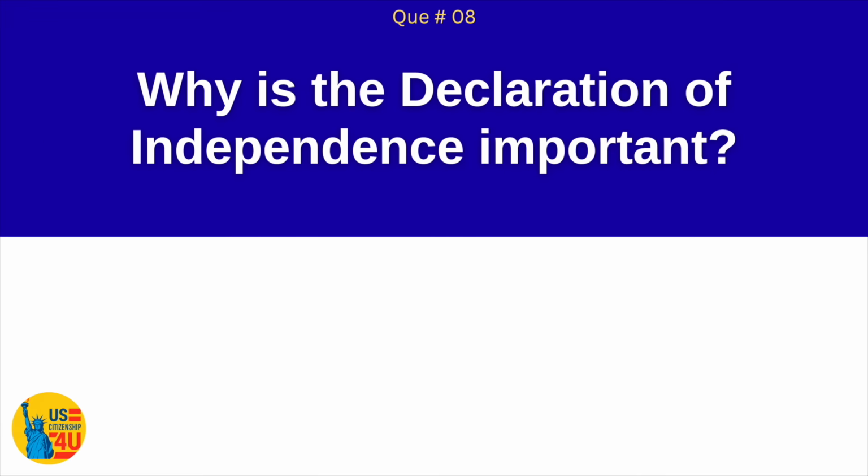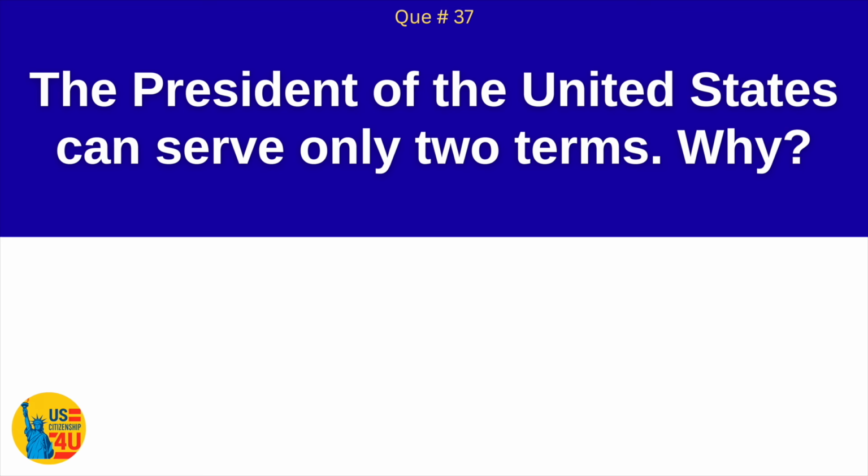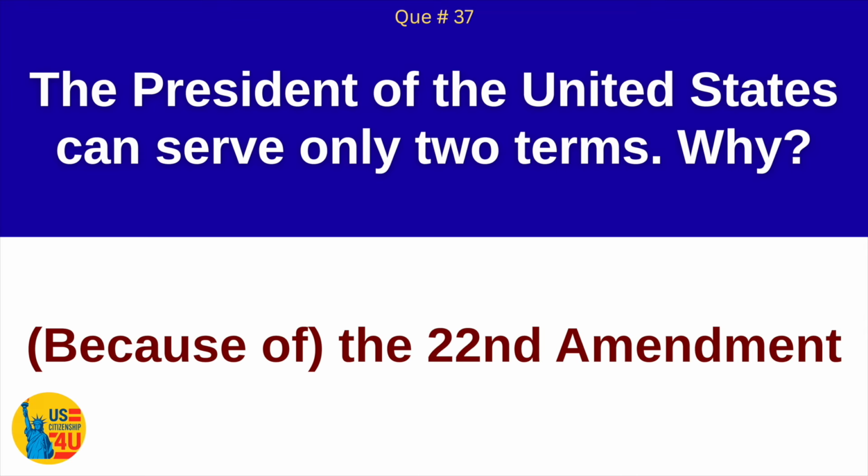Why is the Declaration of Independence important? It says America is free from British control. The President of the United States can serve only 2 terms. Why? Because of the 22nd Amendment.